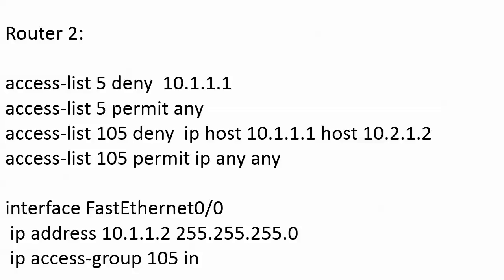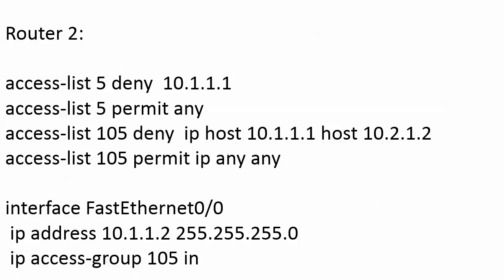Otherwise, we're going to drop to the next line, which in this case is access list 105 permit IP any. And what does that mean? That permits everything. We have to put that there. Why? Because of the implicit deny. So all kinds of things going on here with just a two-line ACL.